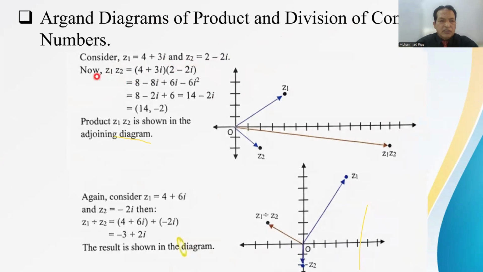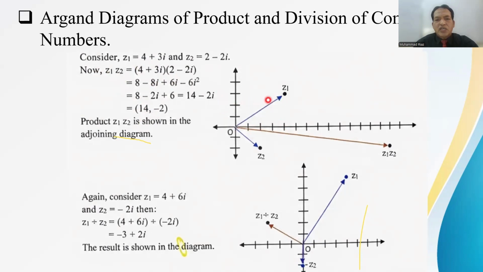Now the product you know very well. The product of the complex numbers, we will get 14 minus, comma, minus 2. This is the product of the two complex numbers z1 and z2. Look, z1 has real part 4 and imaginary part 3. Look on the x-axis 1, 2, 3, 4, and in front of 4, on the y-axis, 1, 2, 3.